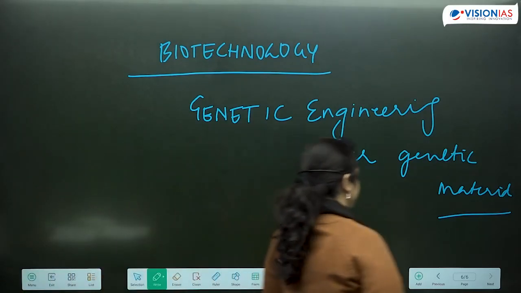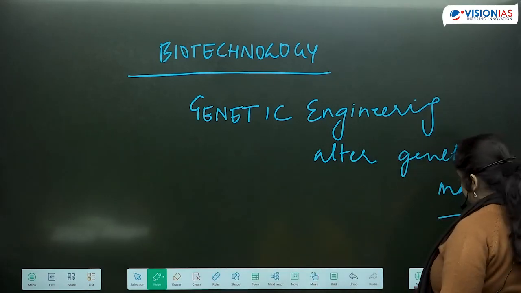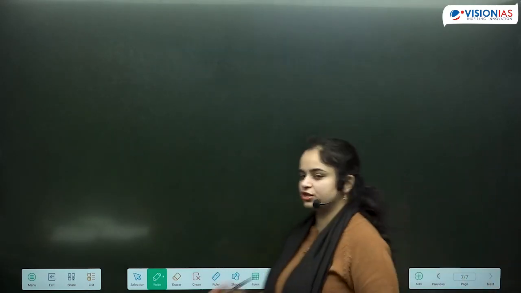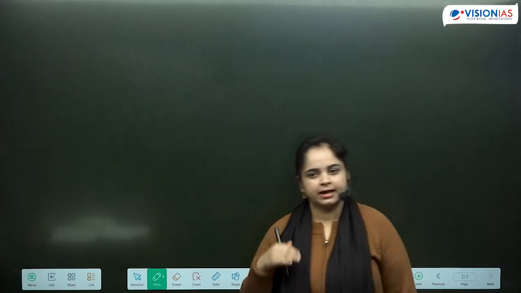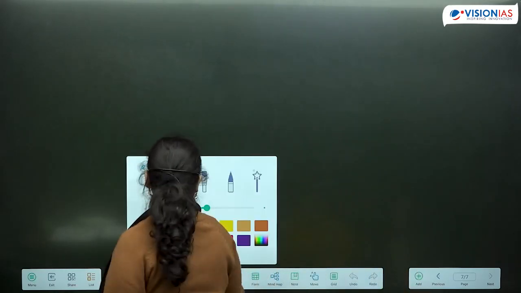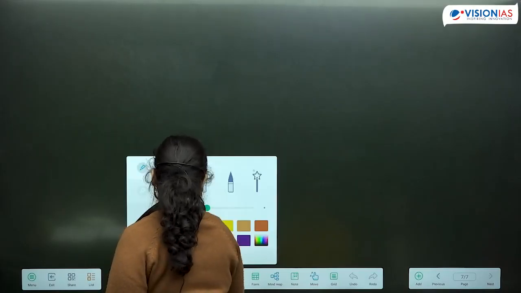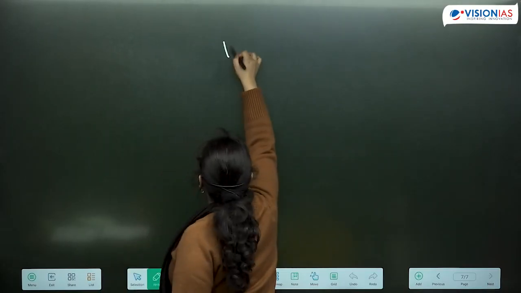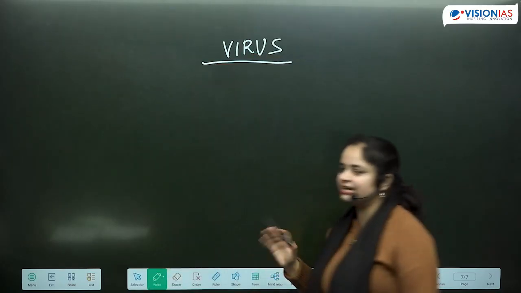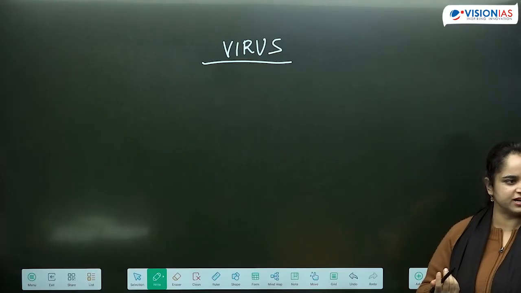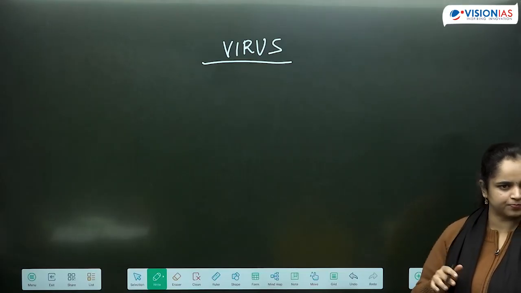Now we have to talk about one special organism when we are talking about how genes are working. In continuation of that, we have to talk about the viruses, which have a slightly different method of gene expression sometimes.